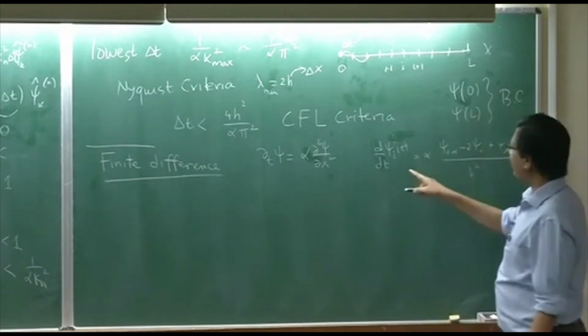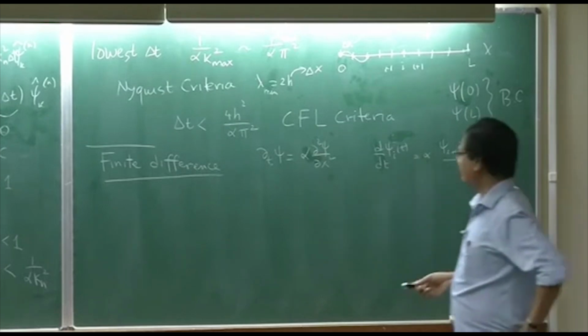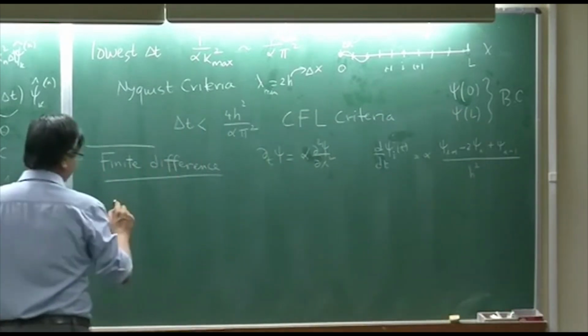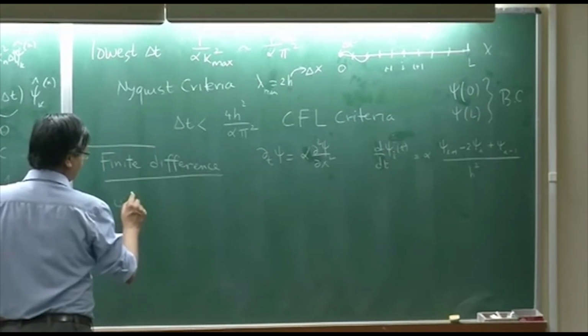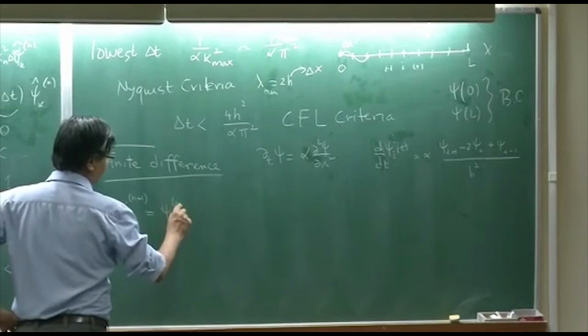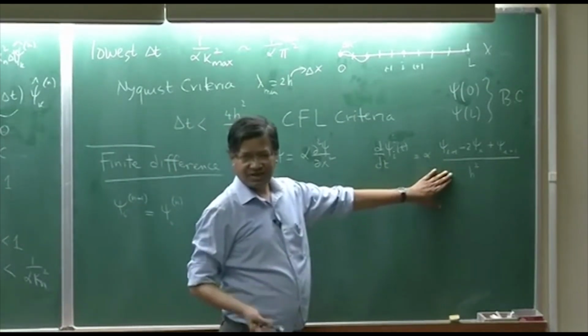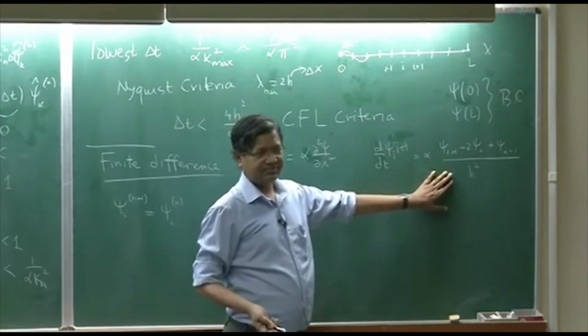Now how do I time step this? The usual technique. So psi i at n plus 1 equals psi i at n plus delta t times this. Euler explicit.